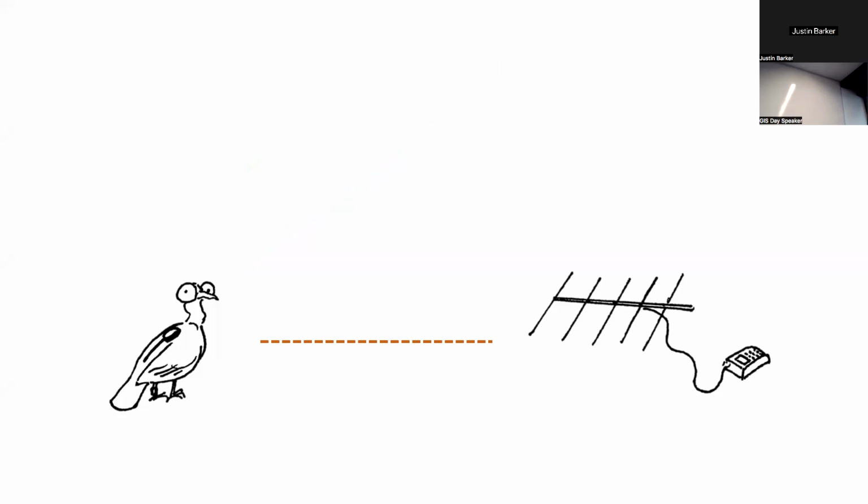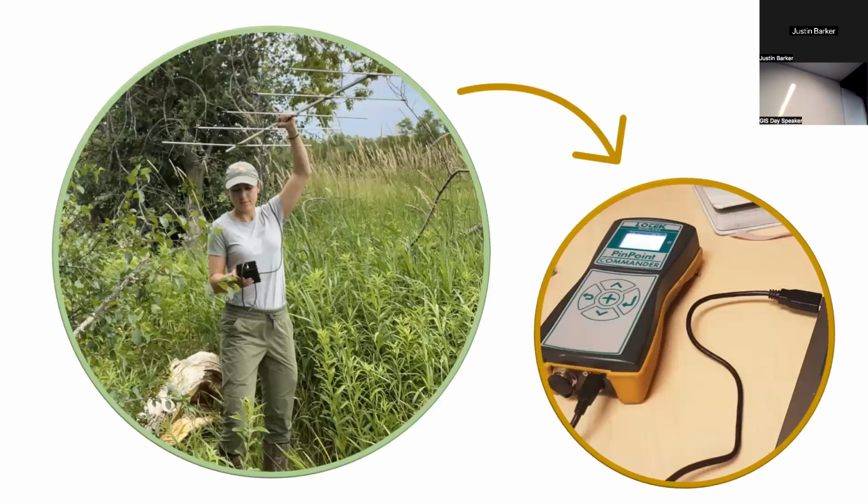So with an antenna and receiver, if I'm within like 150 meters of a turkey tag, that equipment will communicate with the tag and download the data from the tag onto the receiver. And then from there, I can connect the receiver to my computer and transfer the data onto my computer. And then I can look at maps that show me where the turkeys have been.